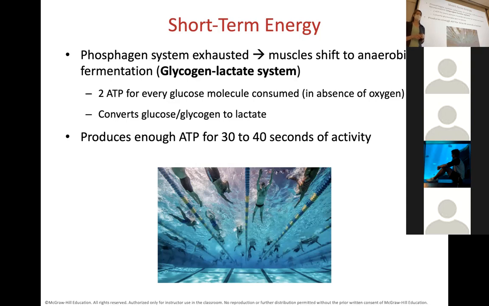Two ATP is not a lot of ATP. When we get to the next slide, the longer term back to aerobic respiration, you'll see that 36 ATP are produced when we go back to the aerobic form. So 2 versus 36. This fills a void where there's no oxygen. And so this has to happen, but anaerobic respiration is very inefficient.